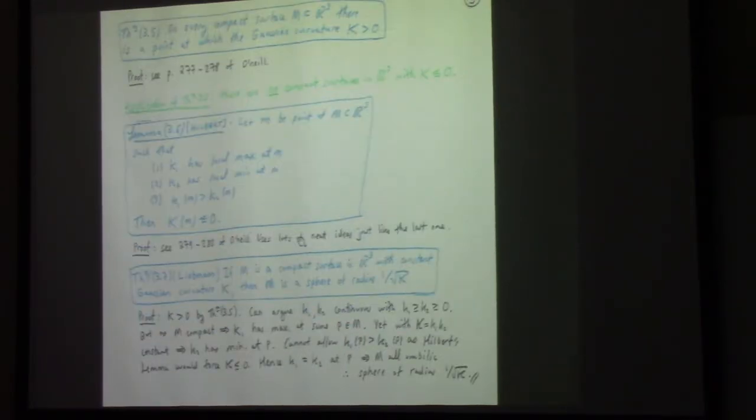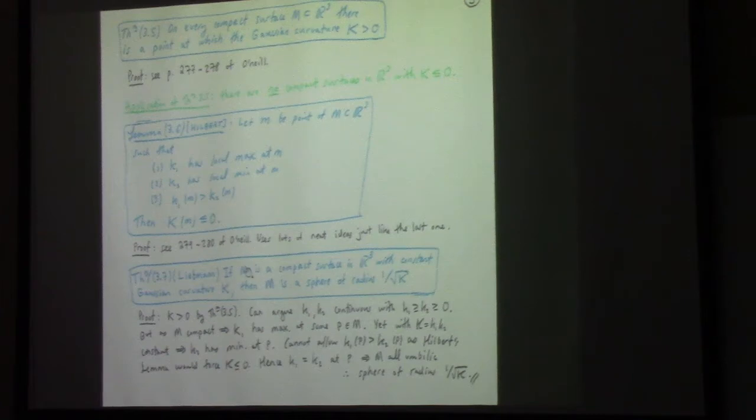Anyway, here's that. And let's see here. Yeah, every compact surface, there's a point in which the Gaussian curvature is positive. These are theorems due to Hilbert. If M is a point of a surface such that the principal curvature 1 has a local max at M, principal curvature 2 has a local min at M, then the Gaussian curvature is non-positive.